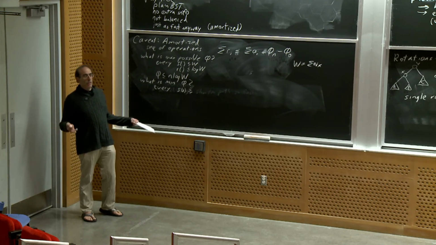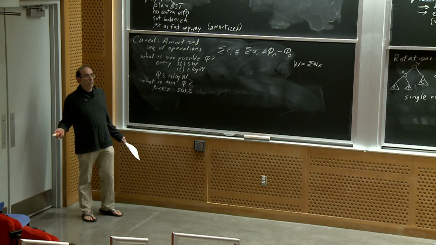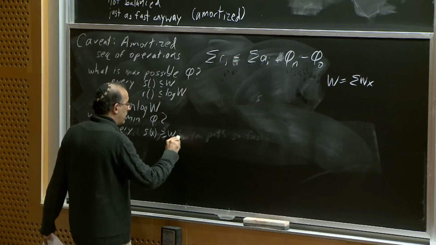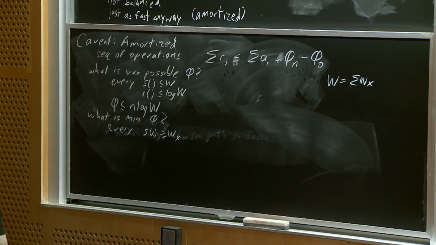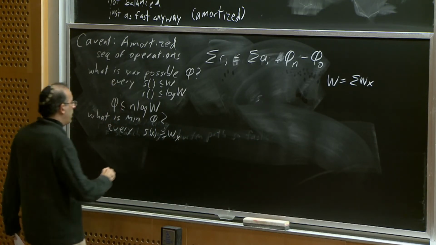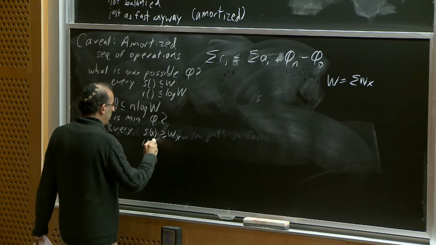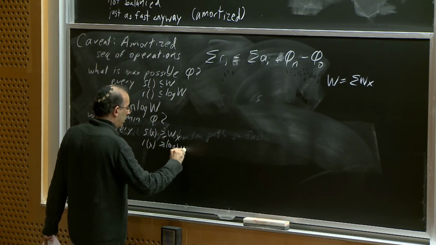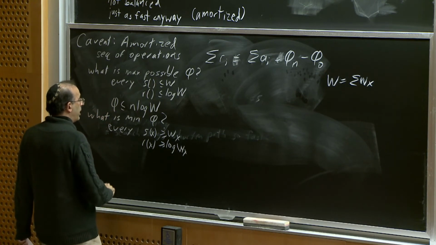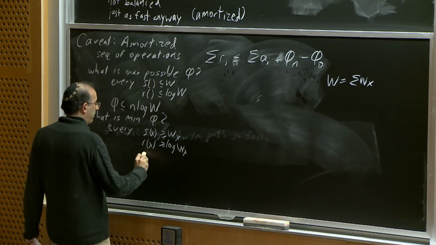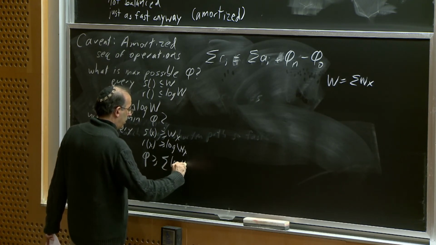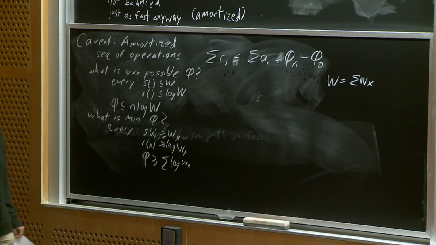What is in the subtree rooted at x? It's not empty, right? X. So the size is at least wx, right? And that means that the rank is at least log of wx, which means that the minimum phi is at least the sum of the log of the wx's.